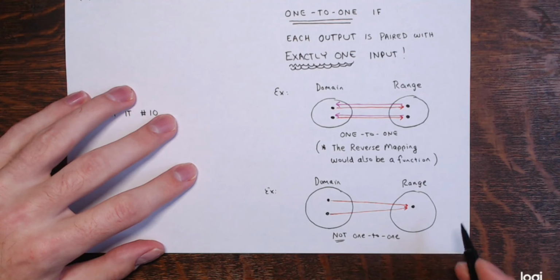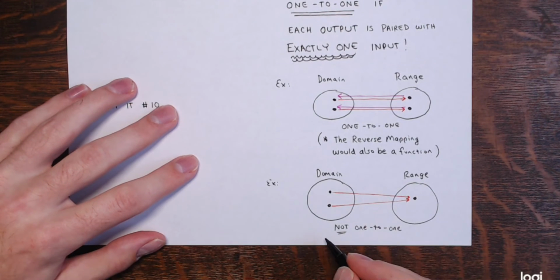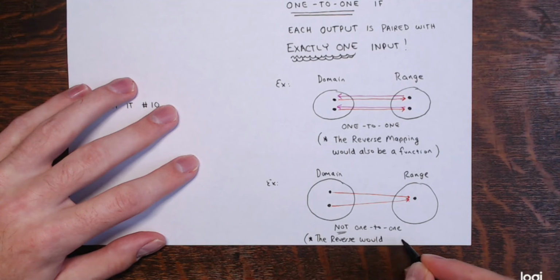Because of this element here, there's an output that's paired with more than one input. There's more than one arrow going into this element of the range here. And another way you can think about this is if you were to reverse these arrows, the reverse would not be a function.